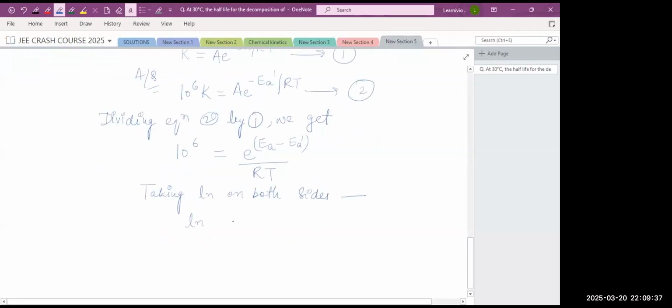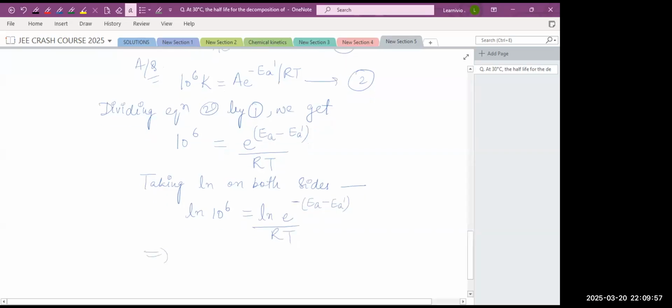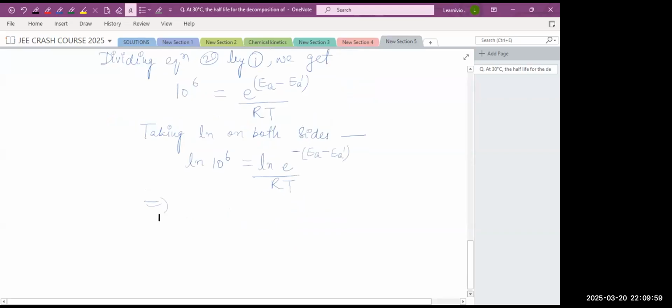Now ln of 10 to the power 6 equals ln of e to the power, which will be minus EA upon RT. Some mathematics over here.